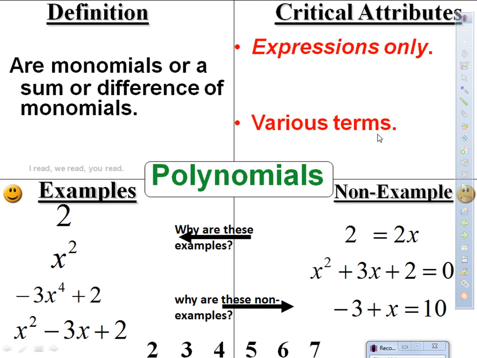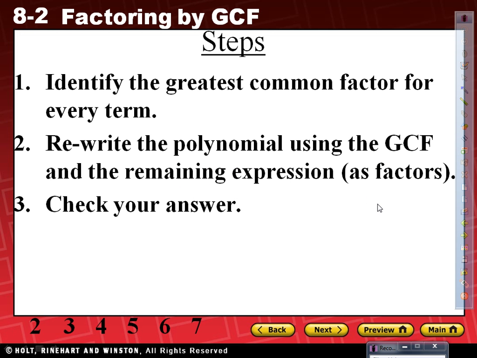Copy these steps down, please. Step 1, identify the greatest common factor of every term.